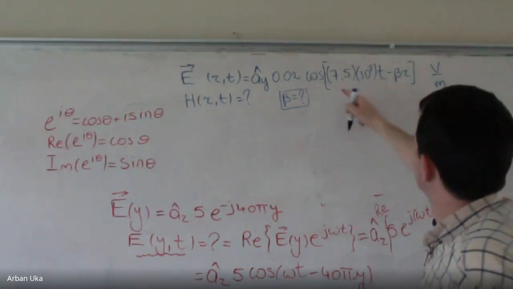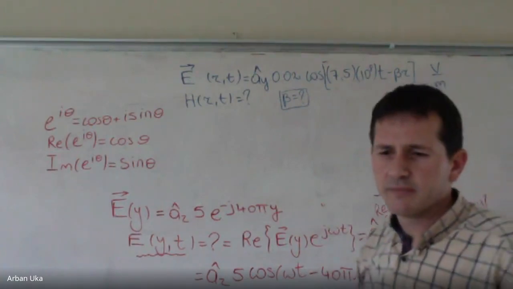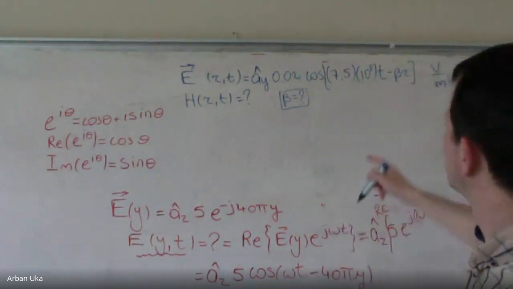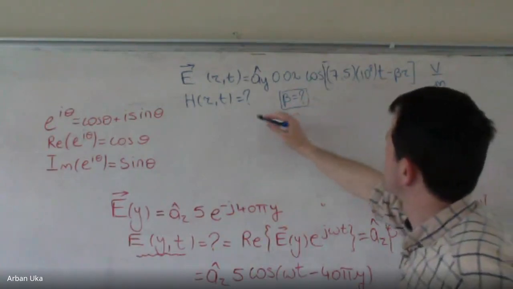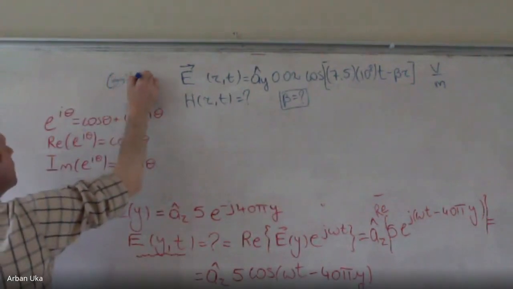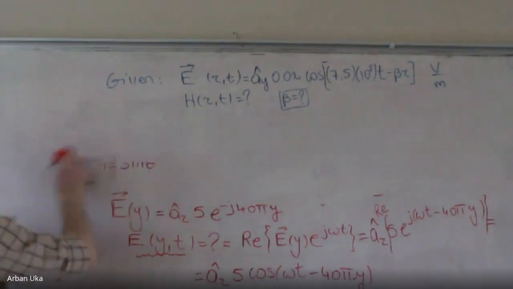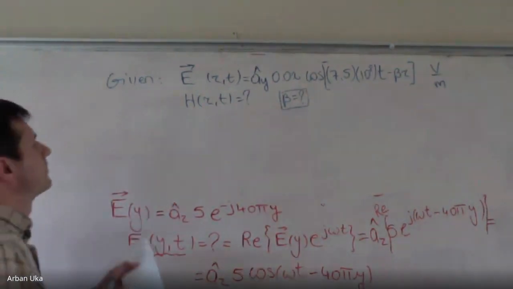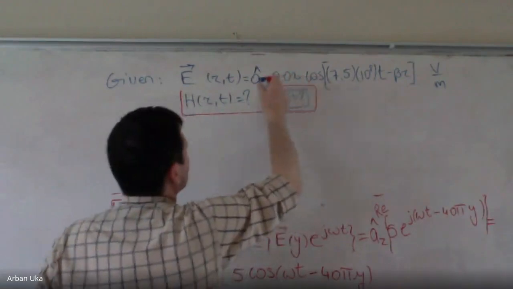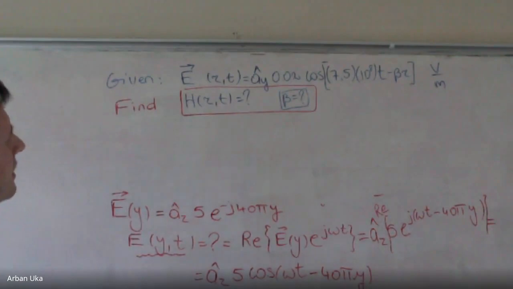And by the way, once we see this expression, we know a lot of things, but we know that this is omega. So this is the question: given this, find this. We are given this expression, and we need to find this part, the second line.